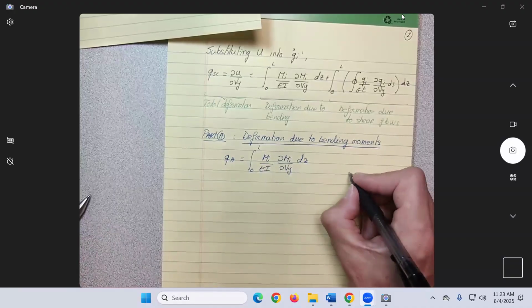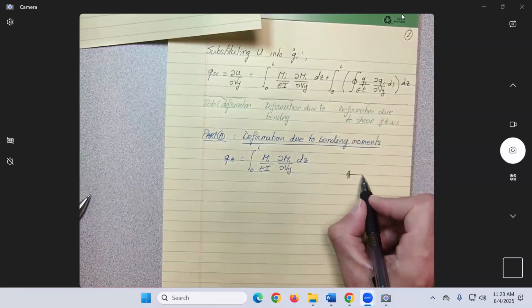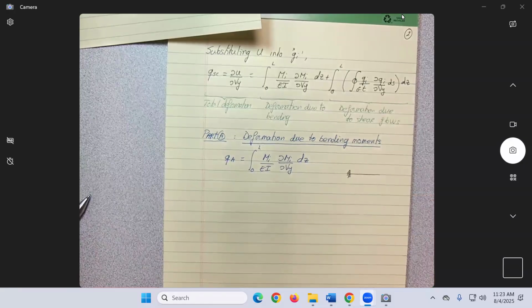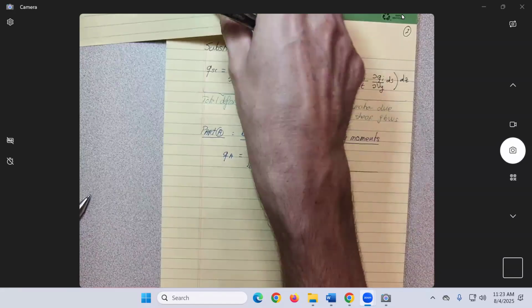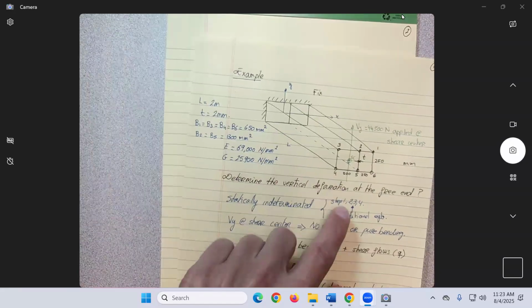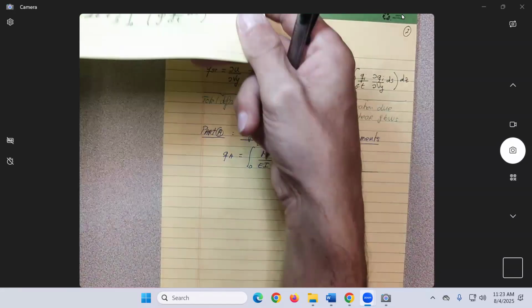Okay, I'm gonna do here a little figure of our problem, but if you want, this will be a side view. I'm gonna do a side view of this beam. So it will look like what?